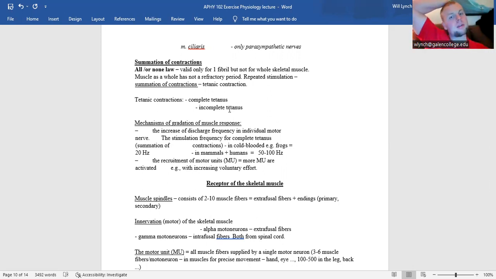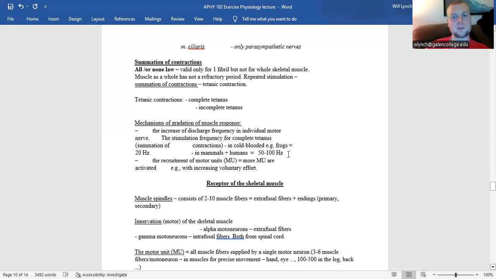Mainly, what's going to happen as far as force production in the skeletal muscle is going to be an increase in muscle response due to an increase in discharge. So the frequency of discharge is going to increase as far as an individual motor nerve is concerned. Stimulation frequency for complete tetanus is going to be summation of contractions, right?